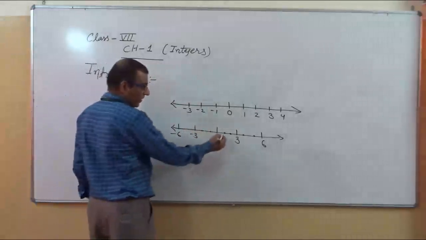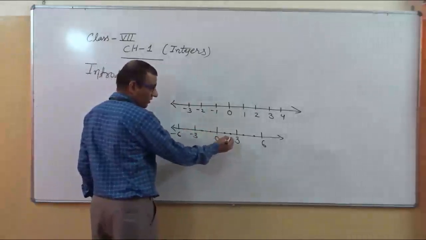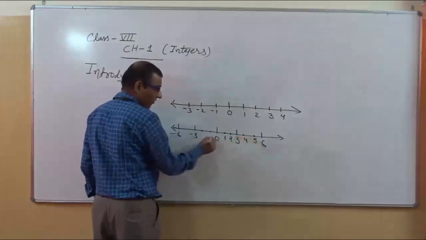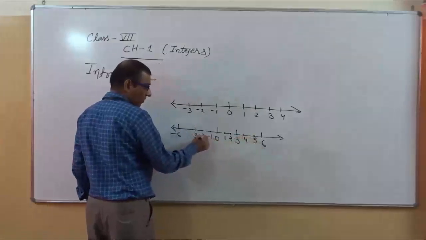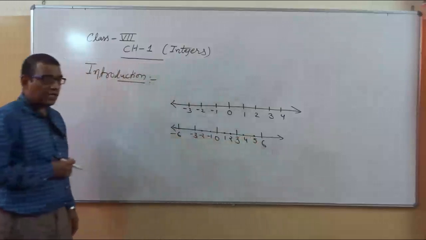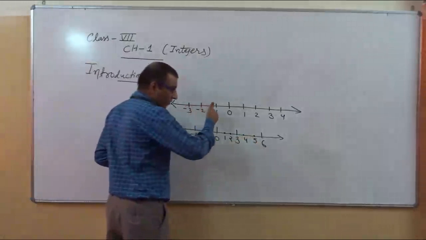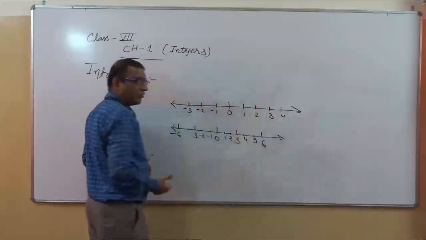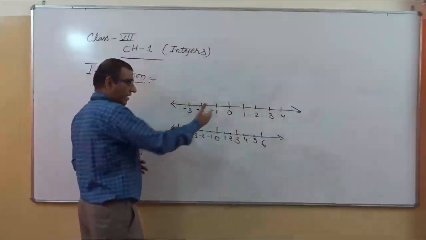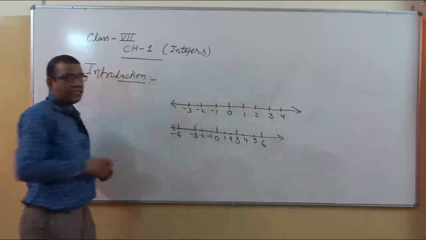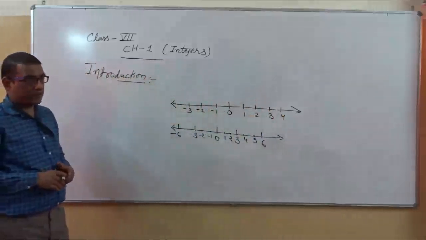As you know very well, the value of this dot is 1, this is equivalent to 2, then 4, and then 5, this is -1, this is -2, same for the others. So we can say the numbers which lie on the right hand side are your positive numbers, and the numbers which lie on the left hand side of the number line are known as negative numbers.